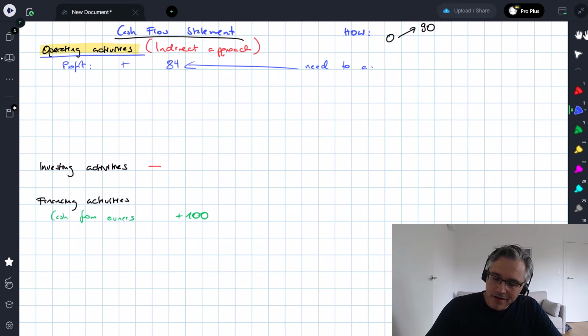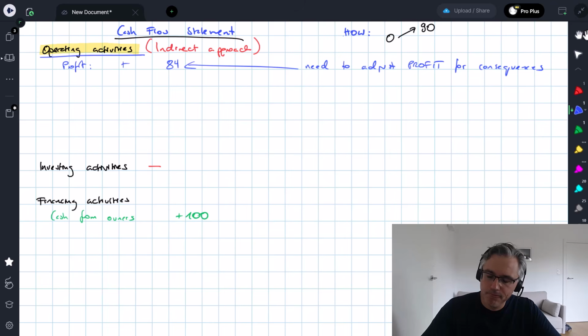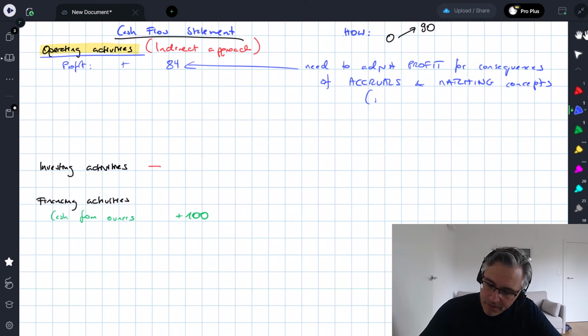We need to adjust this profit, or if the company had made a loss, then the loss figure, for the consequences of the accruals concept and the matching concept, which are two very important fundamental concepts that rule the P&L computation, and if they rule the P&L computation, they must also be relevant for the balance sheet, right?